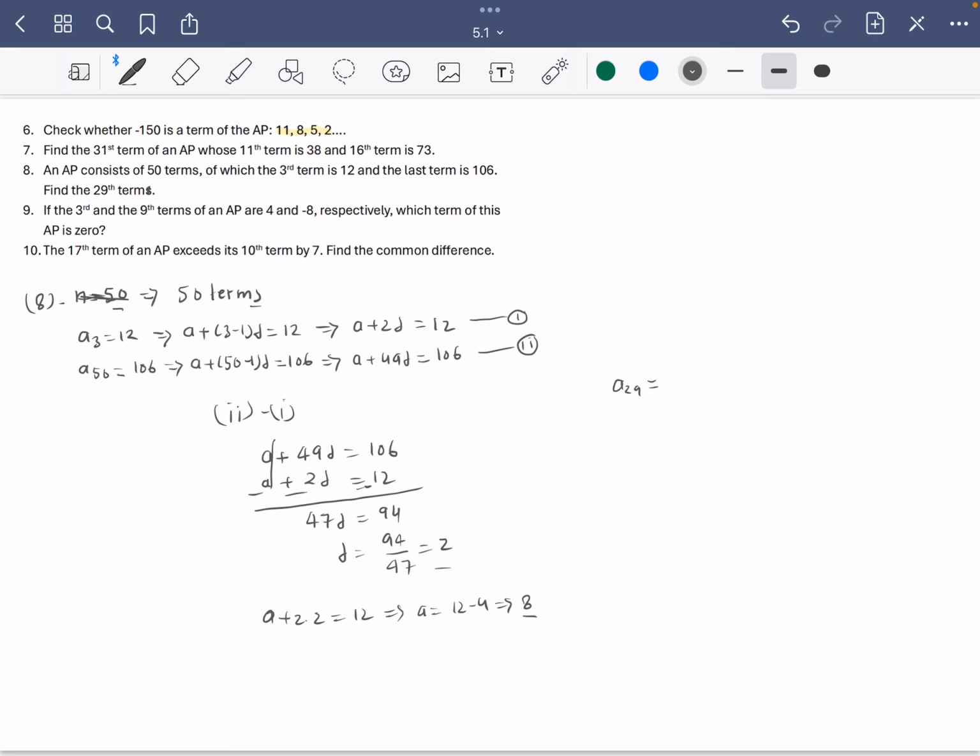A29 is a plus n minus 1 times d, n is 29, so 8 plus 29 minus 1 times d, that is 2. 8 plus 28 times 2, 8 plus 56 is going to be 64.